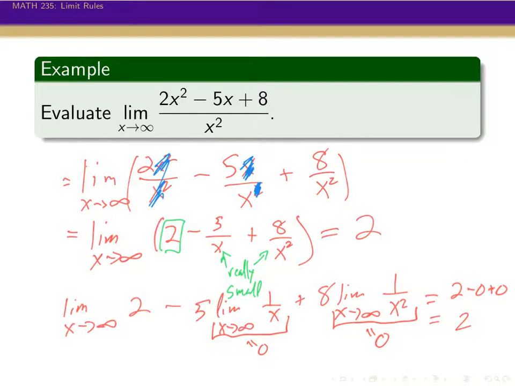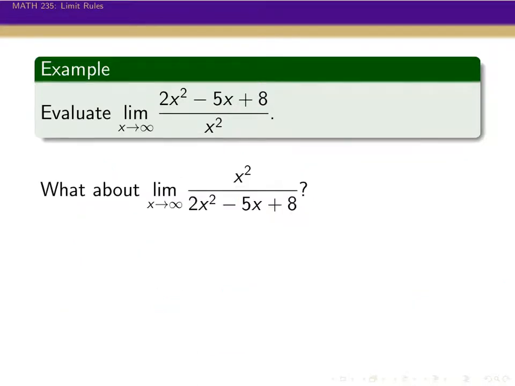Okay. What if we were to flip this over? Well, if the reciprocal is getting really close to 2, then if we take the reciprocal, where should the reciprocal be going to? Well, since this goes to 2, we can think about this as being 1 over that limit.